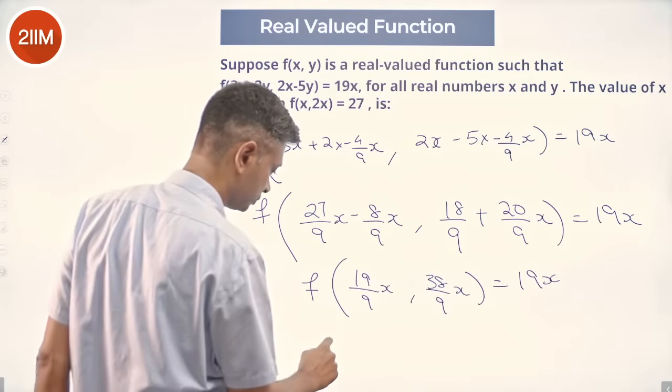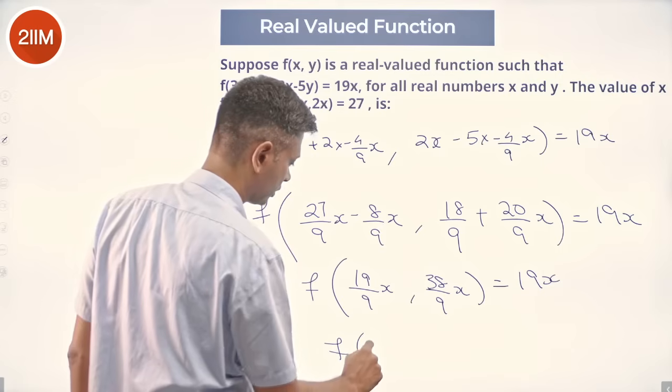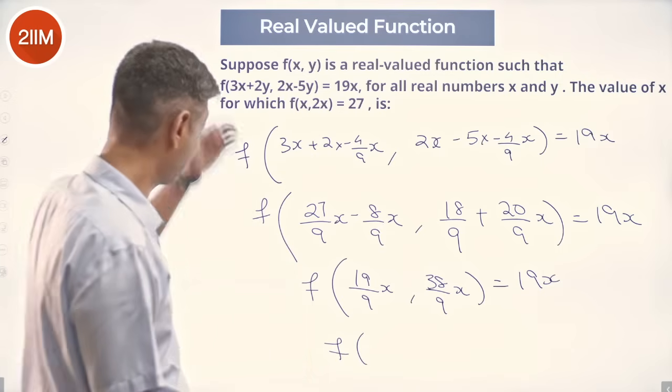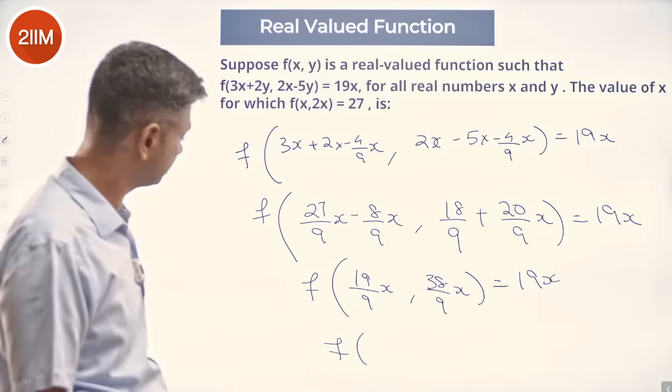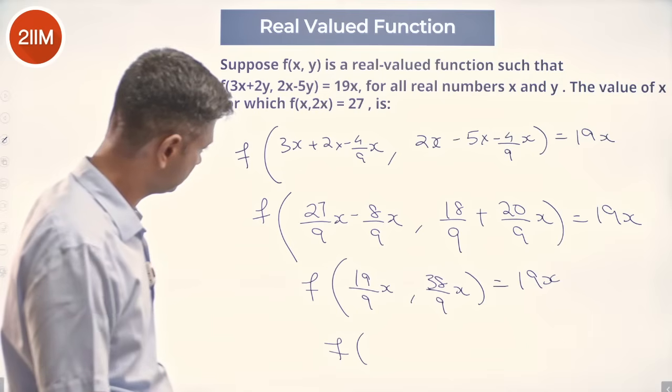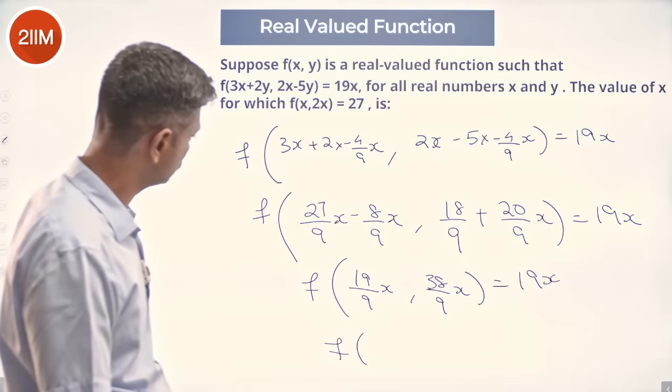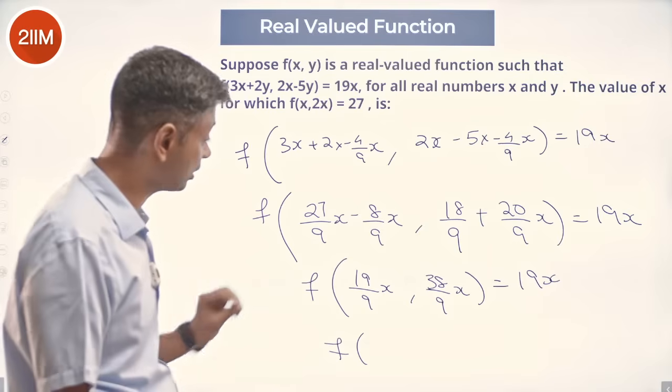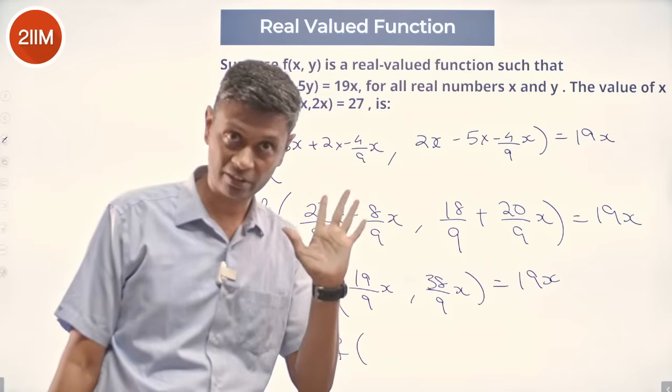We know f of x comma 2x is 27. We know f of 19 by 9x comma 38 by 9x is 19x.